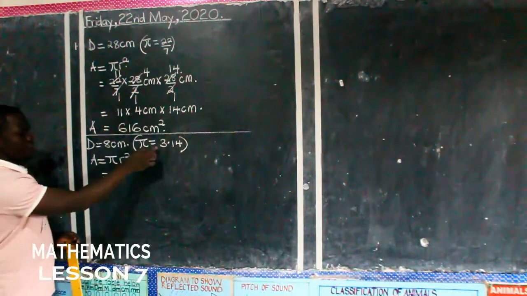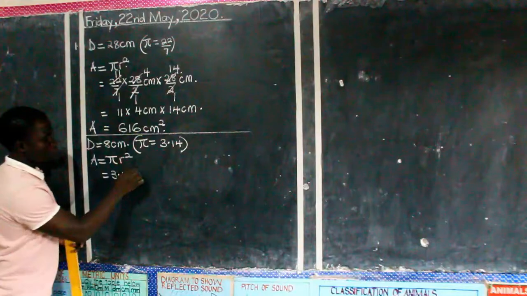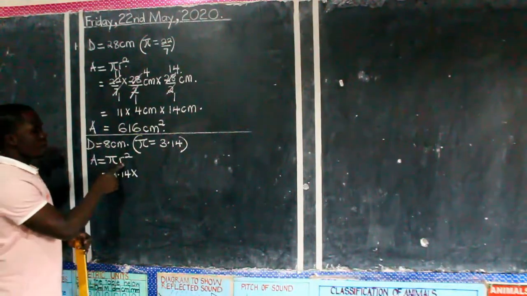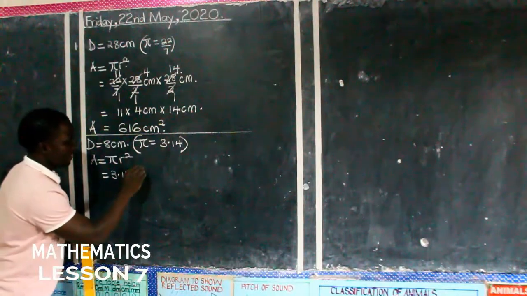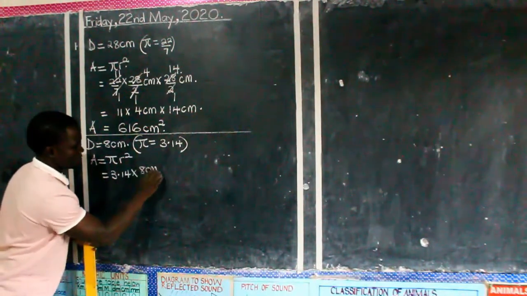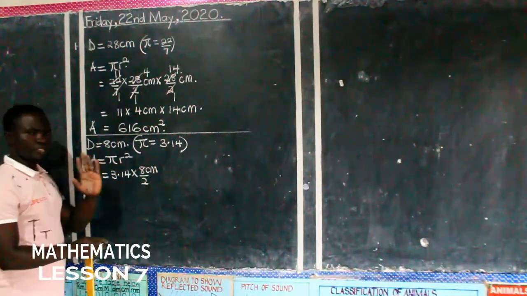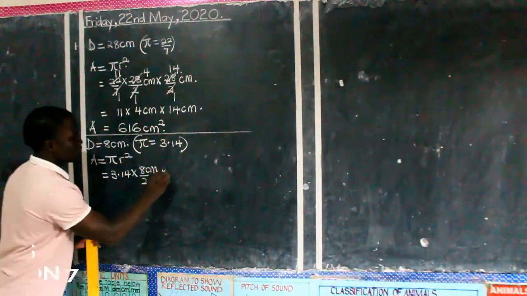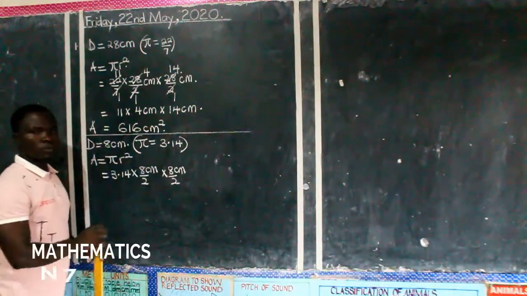And the pi given is 3.14 times radius, but is diameter given. So we shall have 8 centimeters out of 2. The moment we divide the diameter by 2, it is now radius, times 8 centimeters out of 2. Okay?